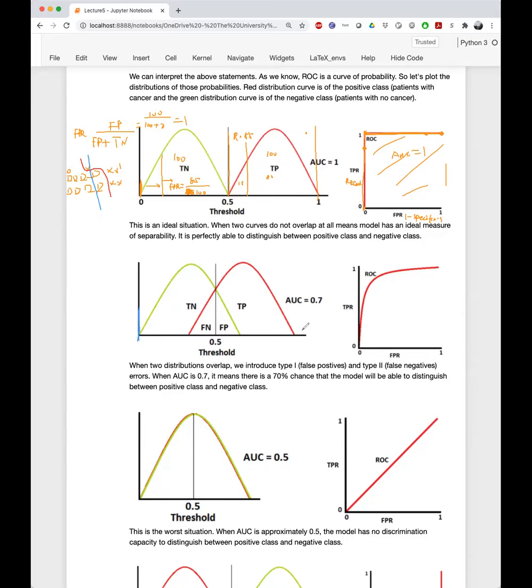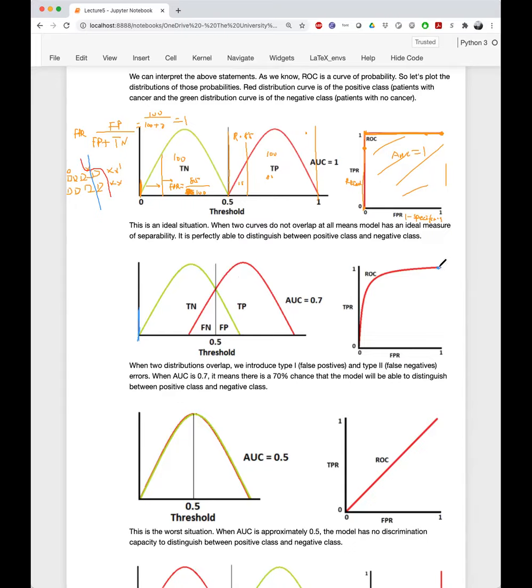The recall is 100% because it captures all of the positive cases. And what is the false positive rate? The false positive rate is 1, right? Because all of the negative cases are actually predicted as positive. So the false positive rate is 100 over 100. That's 1.